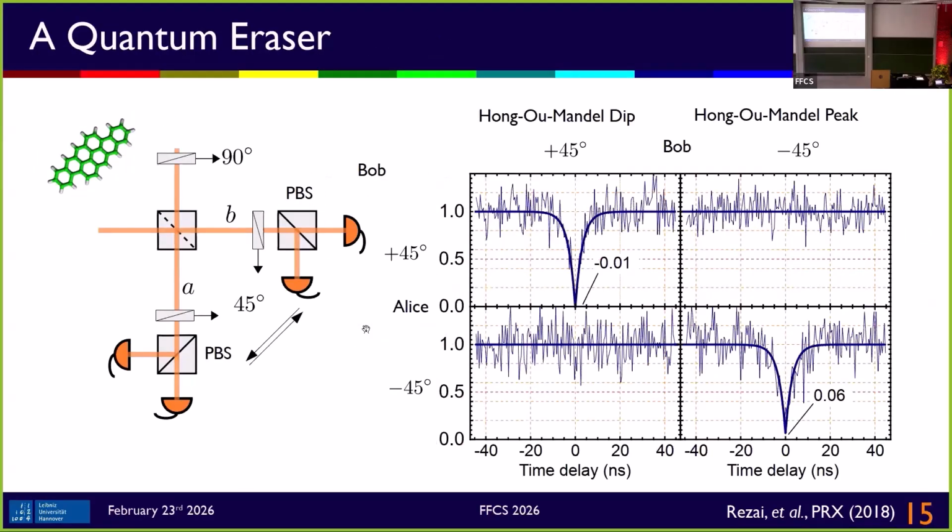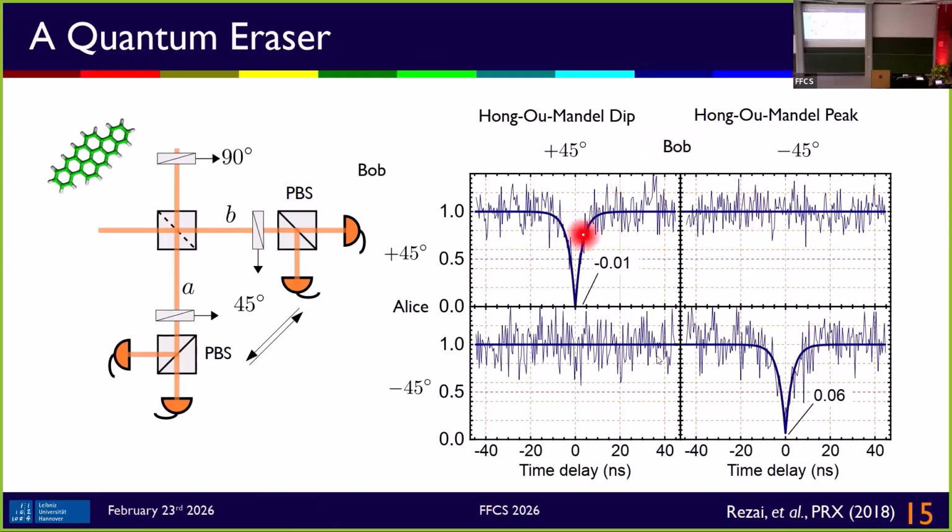We can even do something very fancy. We can do a quantum eraser experiment where the photons are not at all compatible on the beam splitter. So they come to the beam splitter in an orthogonal way. But in the moment we detect them both in 45 or minus 45 degree, we get a different outcome.